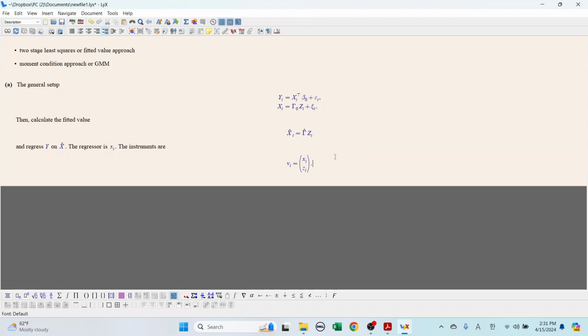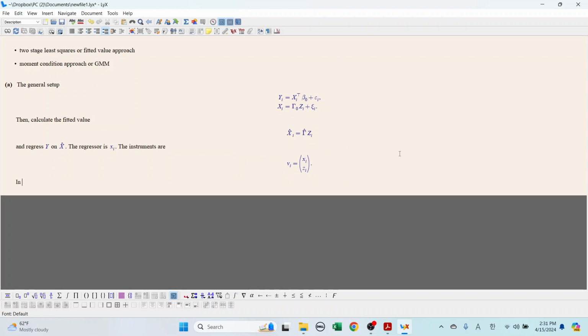V is the instrument vector. So in the first stage, we regress x on v, which is two regressors, x and z. So we are going to regress x on x itself and z.